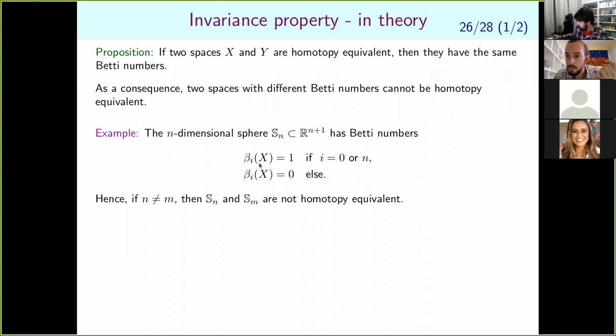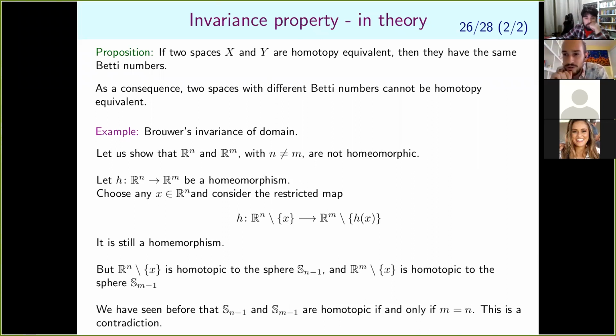The ith Betti number will be 1 if and only if i is 0 or n, and it will be 0 otherwise. So the top dimensional Betti number will be 1. And that shows that spheres of different dimension cannot be homotopy equivalent, which is something quite not easy to prove.